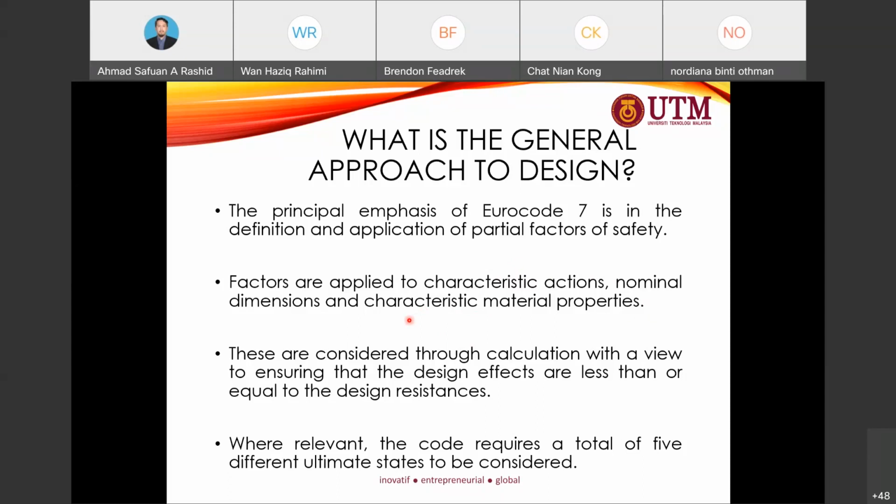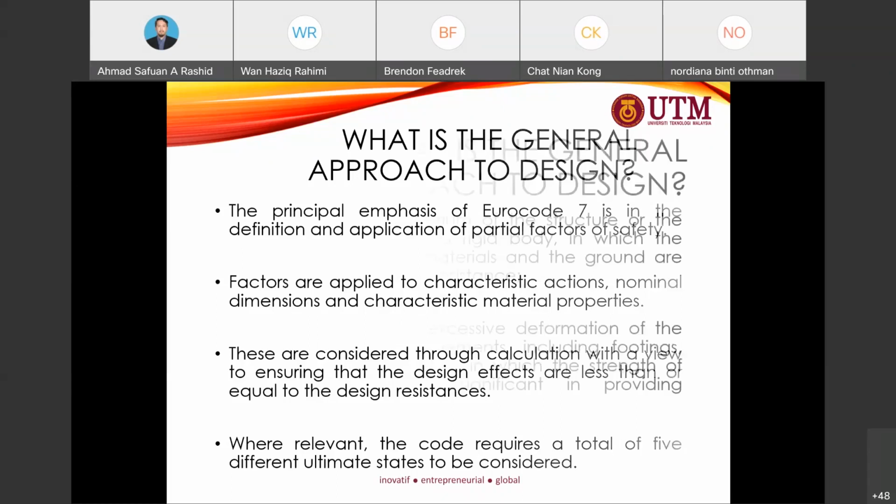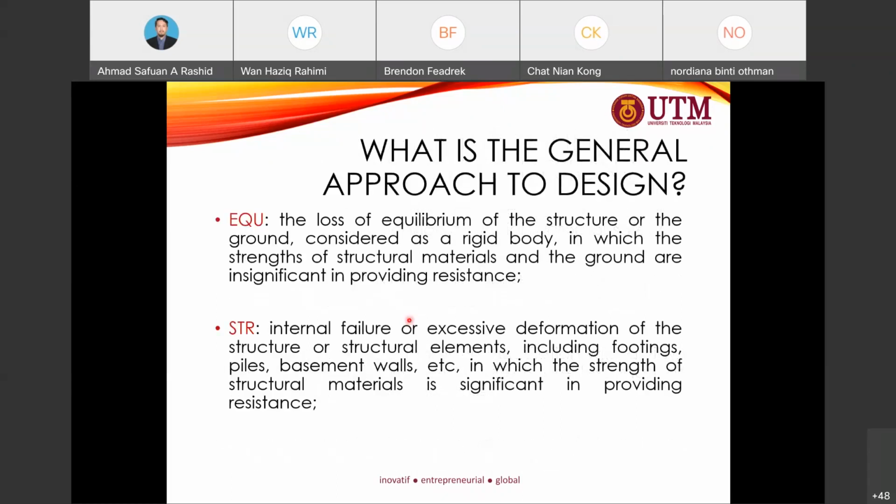So in this Eurocode, they use 5 different ultimate states in the design. They have EQU, which is related to the equilibrium of the structure. Then they have STR, which is called structure.